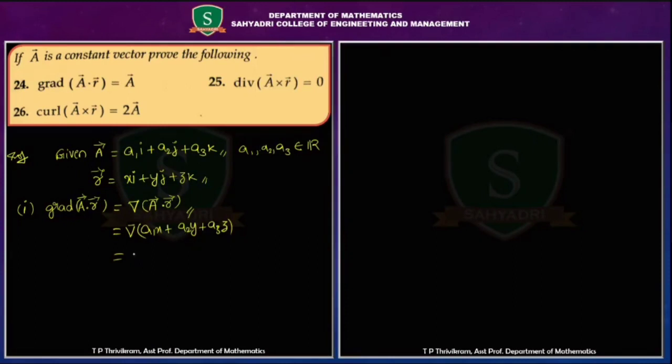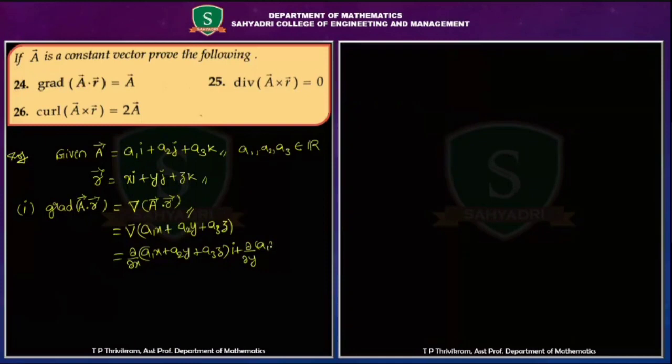Del by del x of a1x plus a2y plus a3z, into i, plus del by del y of a1x plus a2y plus a3z, into j, plus del by del z of a1x plus a2y plus a3z.